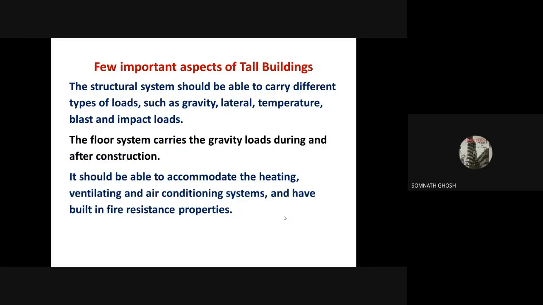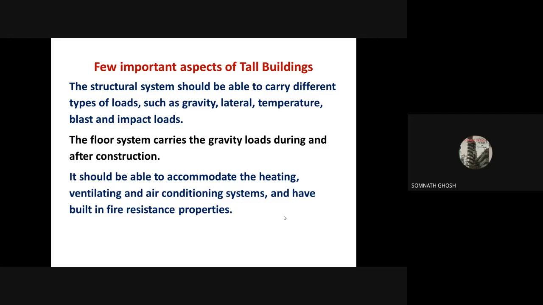Now you see, the structural system, I told you that it should be able to carry the gravity load and lateral load. But temperature also plays a major role. If there is a possibility of blast or impact load, that is also to be considered.